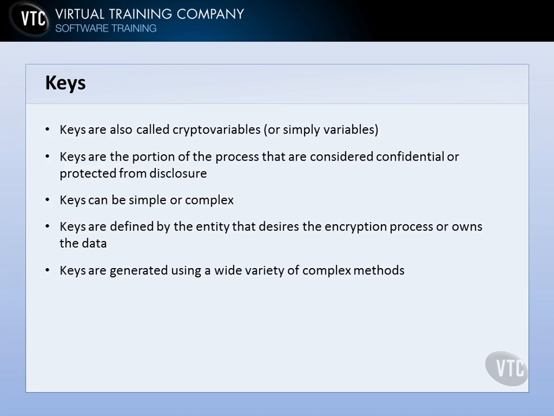Some of these you can do on your own computer. Some of these require some significant computing power. As we go through the course, we'll look at examples of algorithms and keys, and you'll see how the stronger the key, the stronger the encryption method. The stronger the algorithm, the stronger the encryption method. And obviously, strong encryption means that your data is more secure.